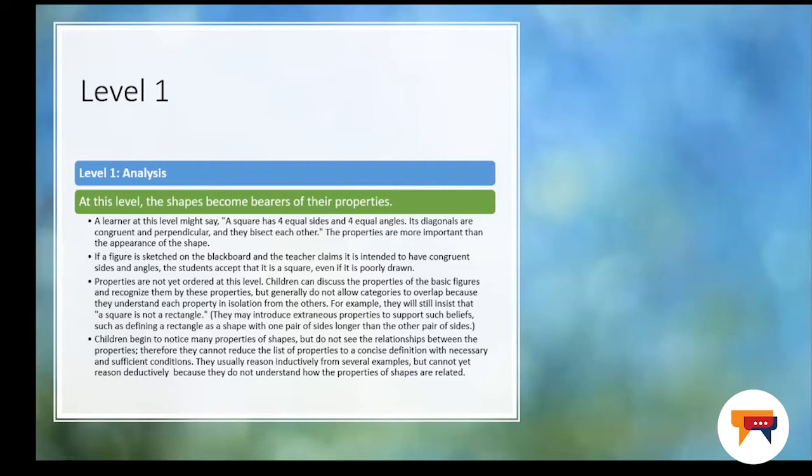Learners begin to notice many properties of shapes, but they do not see the relationship between the properties. Therefore, they cannot reduce the list of properties to a concise definition with necessary and sufficient conditions. They usually reason inductively from several examples, but cannot yet reason deductively because they do not understand how these properties of shapes are related.